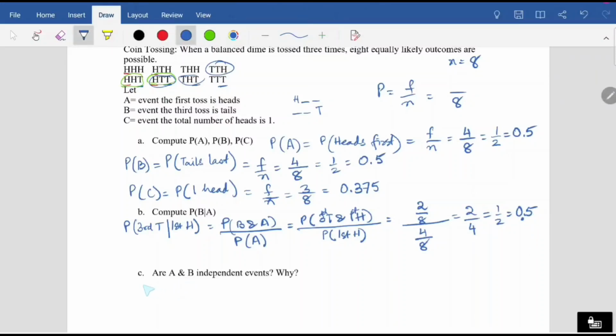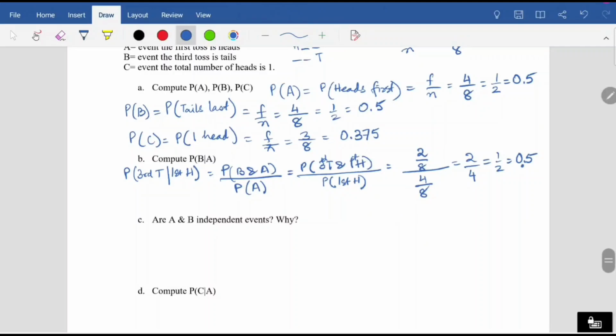Part C is a question on the rules of independence. Are A and B independent events and why? What is the formula for that? How would we know whether events are independent or not? In order for that to happen, probability of A given B should be equal to the probability of A. We have probability of A already calculated up here as 0.5, so let's write that on the side.